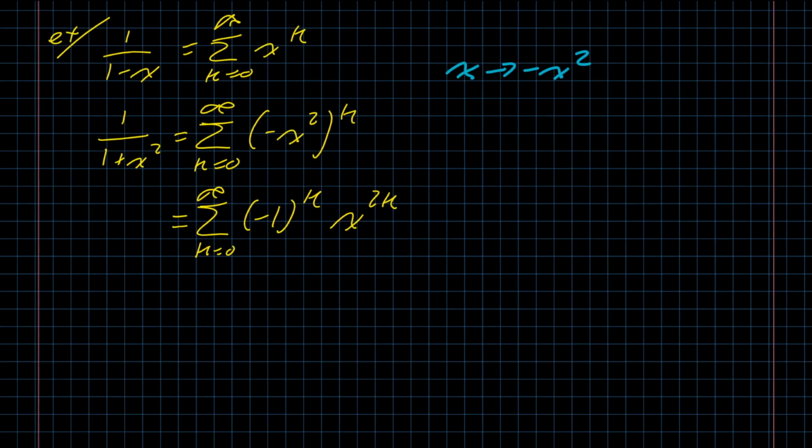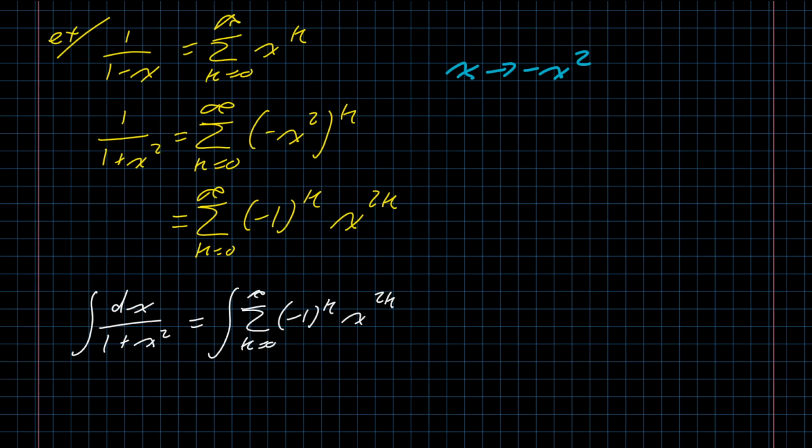And now I'm going to integrate. The integral of dx over 1 plus x squared is the integral of the sum, k goes from 0 to infinity, of negative 1 to the k, x to the 2k, dx.